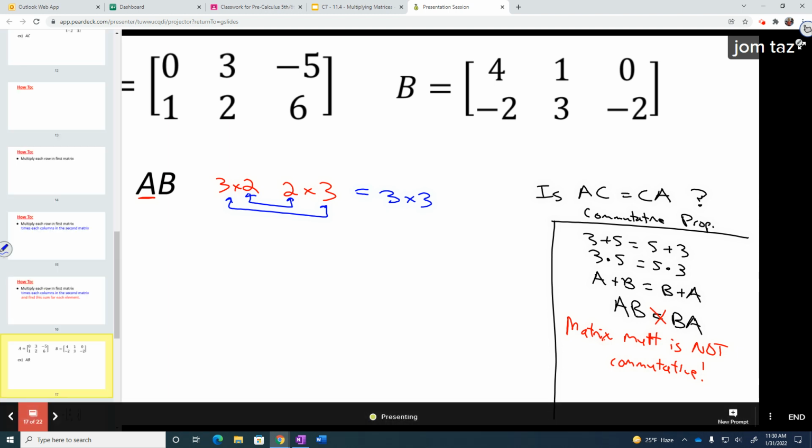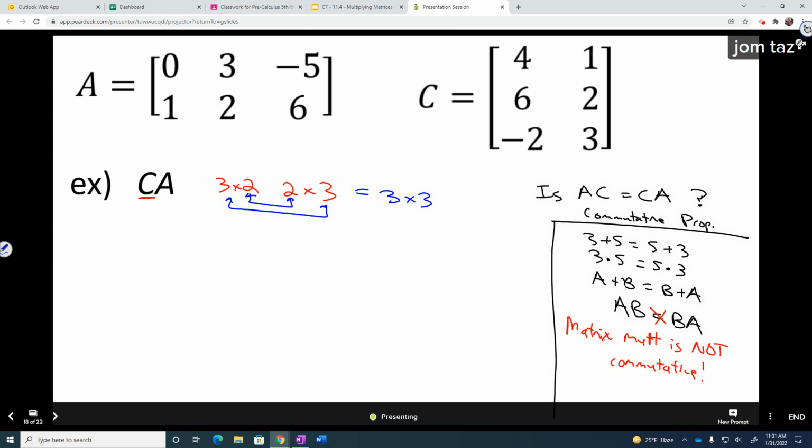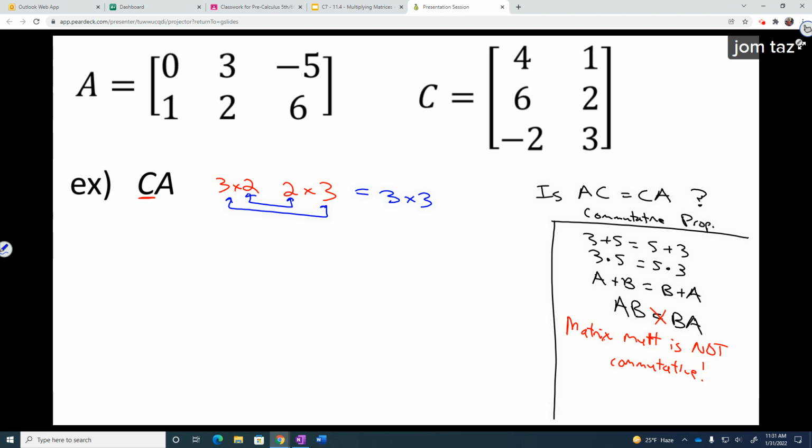Sorry, I gotta flip back to the right slide. C times A. All right, so C times A. Now this gets a bit confusing because this is our first one. So now instead of doing this row times this column, we're actually going to start with the C rows, because that's what comes first.